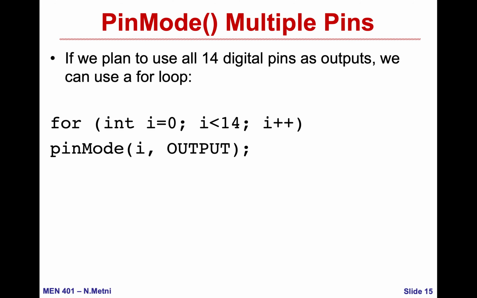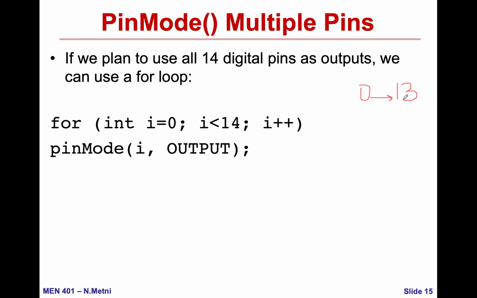So here I have just one example. Take this code: for (int i = 0; i < 14; i++) pinMode(i, OUTPUT). What's this? Here I am using all 14 pins, from 0 to 13, as outputs.